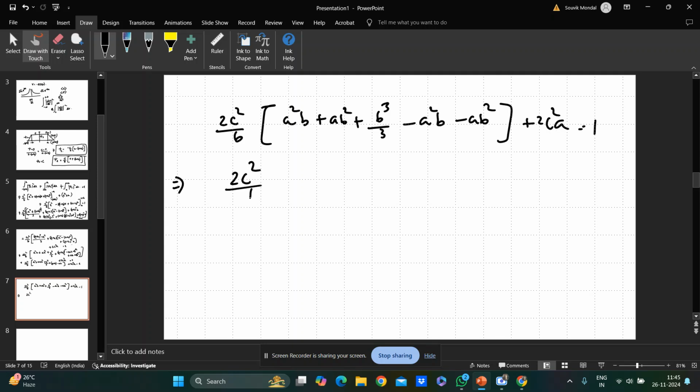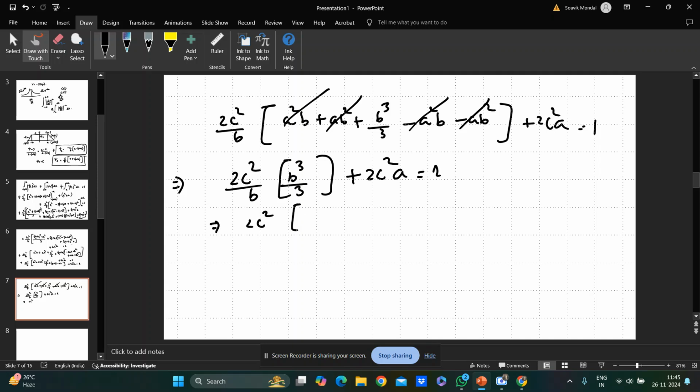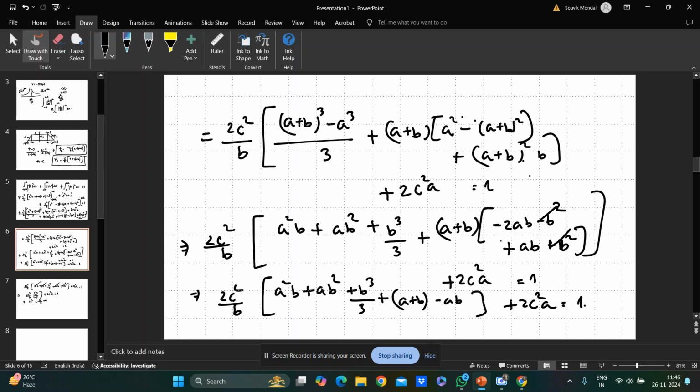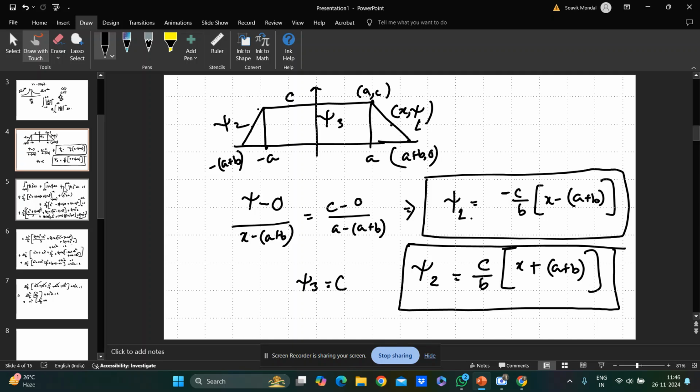Therefore 2c squared by b into b cube by 3 plus 2c square a is equal to 1. Sorry, let me check one minute.